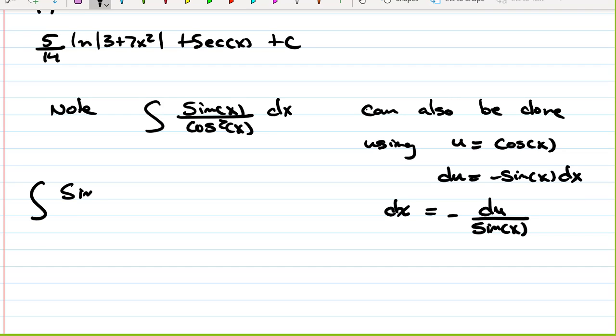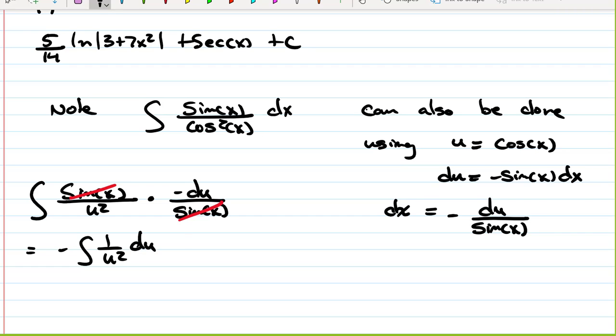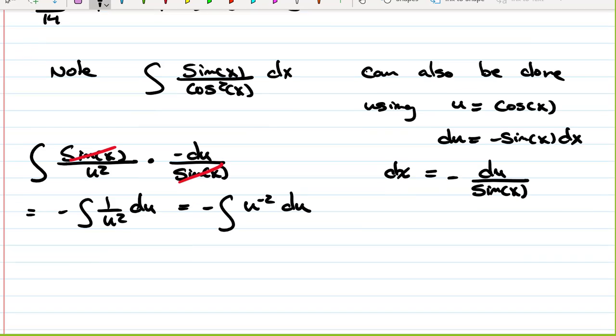So if we substitute that in, cosine is our u squared, times negative du over sine x. Those reduce out, and we would get the negative of the integral of 1 over u squared du, which is the same as the negative of the integral of u to the negative 2 du.